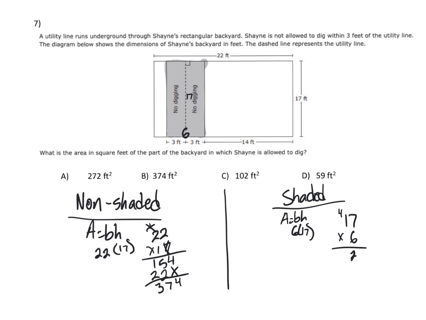Carry the 4. 6 times 1 is 6, plus 4 is 10, so we get 102. Now we need to figure out the actual total of what he can dig up. So we need to subtract. So we do 374 minus 102. So we get 4 minus 2 is 2, 7 minus 0 is 7, 3 minus 1 is 2. So we get 272, which is A.